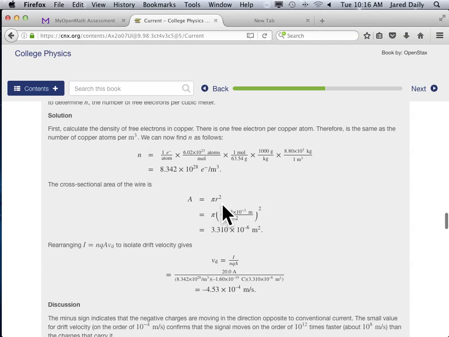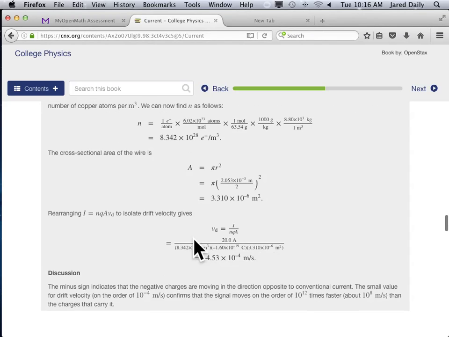Then we calculate the cross-sectional area, pi r squared, so we take the diameter divided by 2, squared, times pi, like I said. And then we plug in what we need to plug in. We're trying to calculate the drift velocity. We rearrange the equation, plug in our numbers, and we get 4.53 times 10 to the minus 4 meters per second.